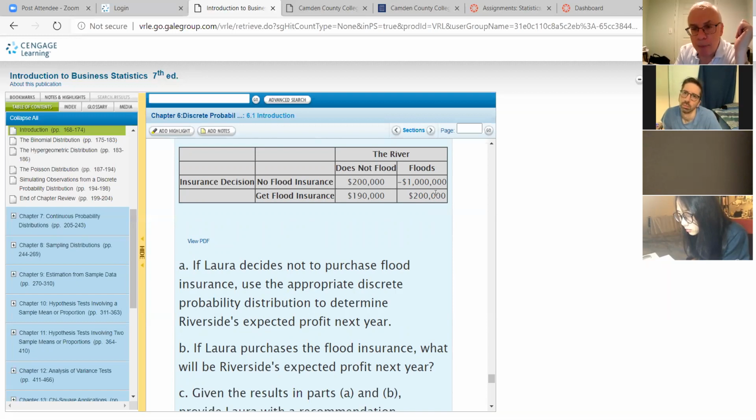What's the probability of that happening? 0.01. So how do you find the expected profit if Laura didn't purchase the insurance? It would be 200,000 times 0.99 plus negative $1 million times 0.01. So that ends up being negative 10,000.